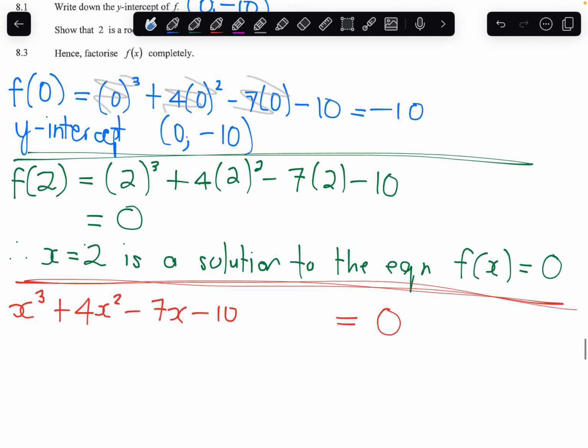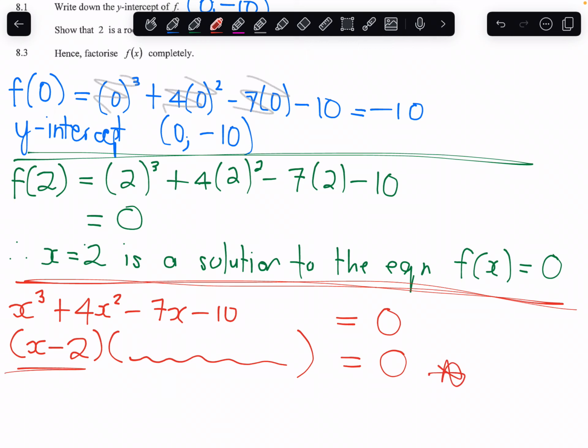And another way that we can express it is in factorized form as (x minus 2) times some other expression is equal to 0, right? We know that it factorizes this way because in order for this to be true, one of the solutions would be a solution where x minus 2 is equal to 0, therefore x is equal to 2, right?